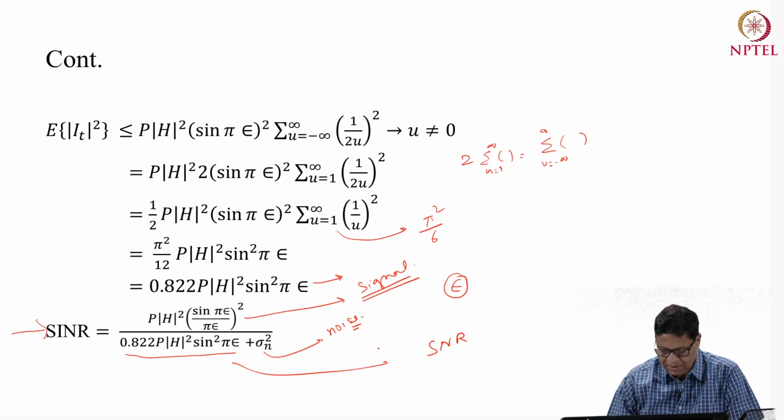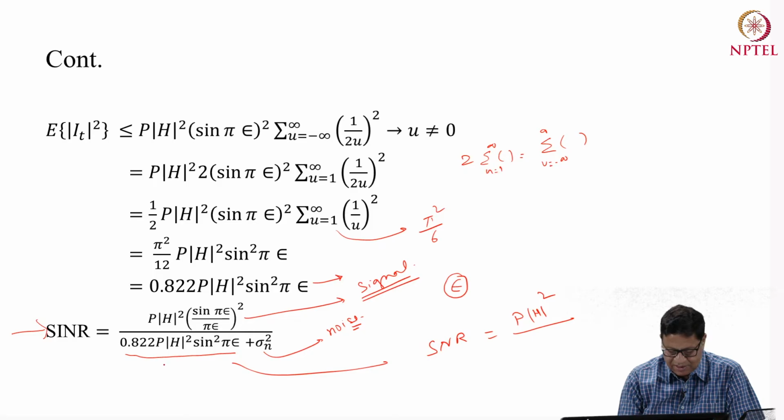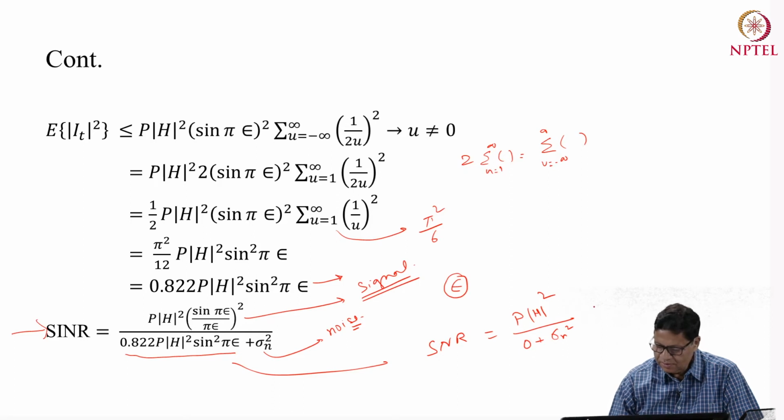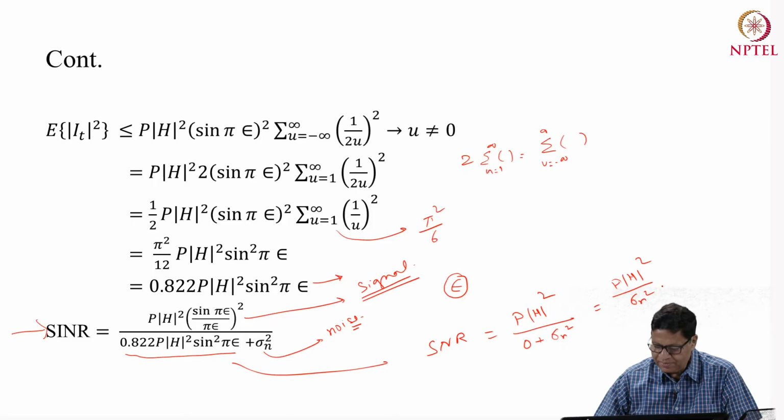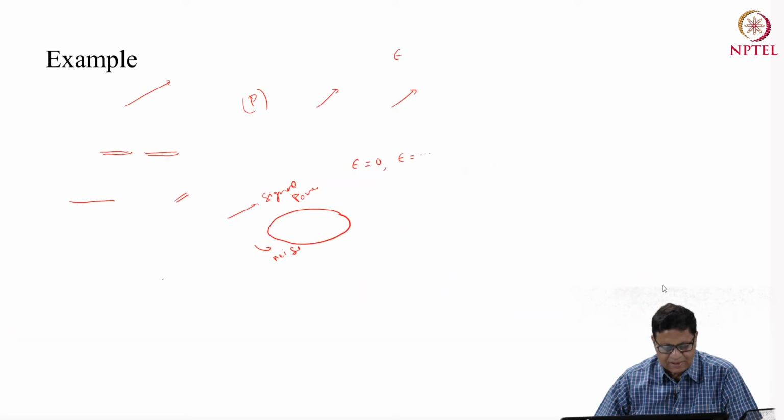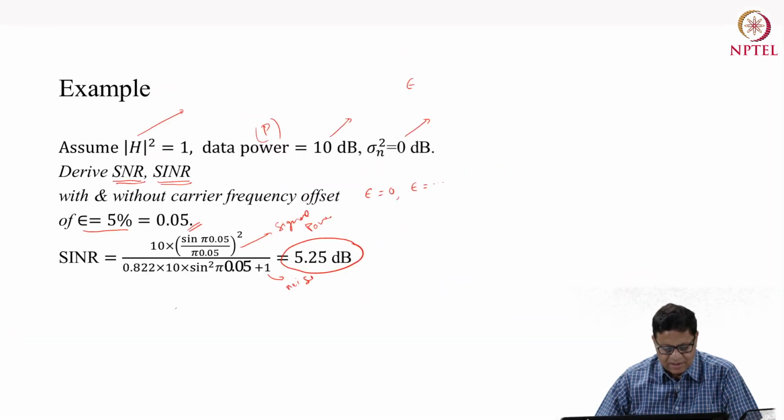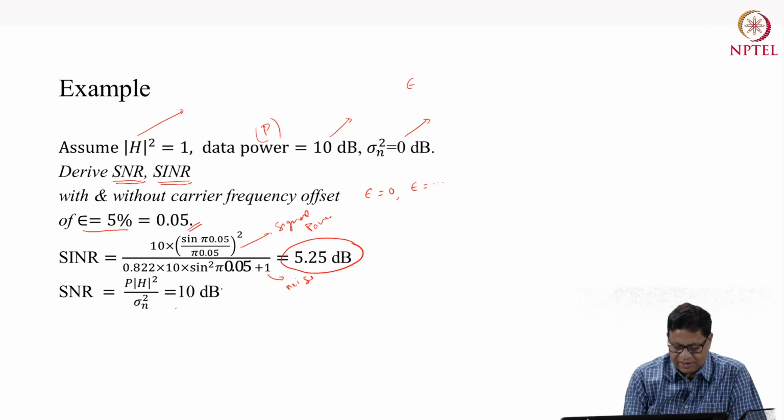So this will be P |H|^2, and this limit will actually tend to 1. So this will be 1 divided by this term, where the interference part will be 0, so 0 plus sigma_n squared. So this is what I get as the SNR. And putting the values of P, H and noise, we get SNR as 10 dB.